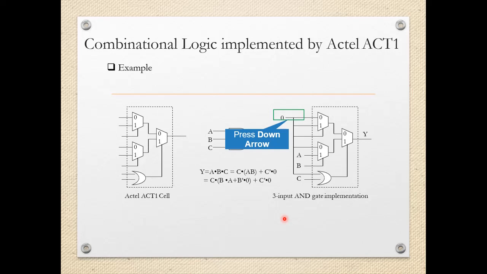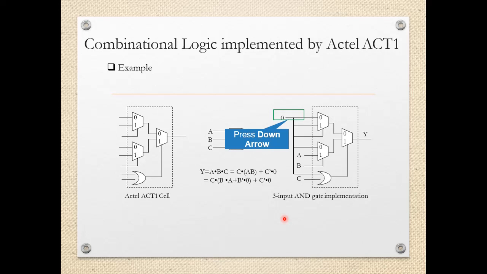So the expression is divided in such a way that we have the choice for the third variable. The expression is in the form of a XOR gate, so that XOR gate can be easily implemented with the help of a multiplexer. So A and B is kept as it is multiplied by C or C bar into 0, and then this expression can be implemented with the help of a multiplexer.